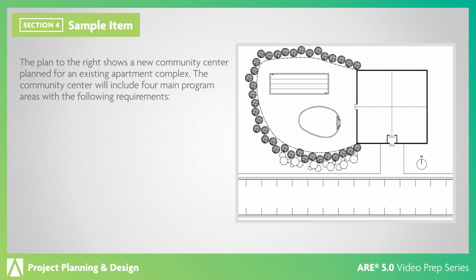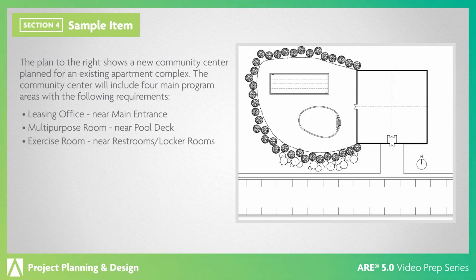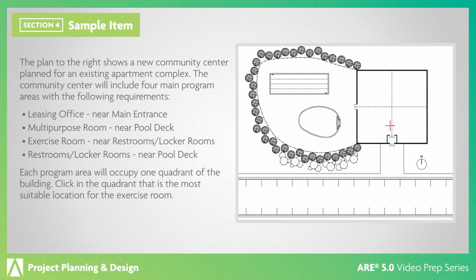The community center will include 4 main program areas with the following requirements: leasing office near main entrance, multi-purpose room near pool deck, exercise room near restroom/locker rooms, restrooms/locker rooms near pool deck. Each program area will occupy 1 quadrant of the building. Click in the quadrant that is the most suitable location for the exercise room.